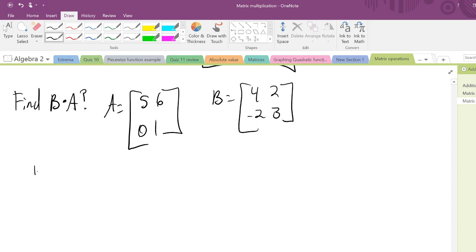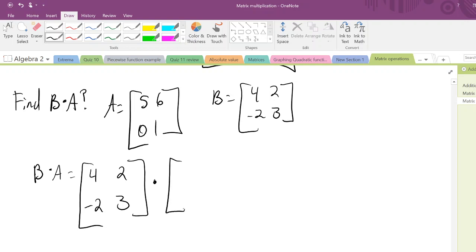So I'm going to have 4, 2, negative 2, and 3 times 5, 6, 0, and 1.